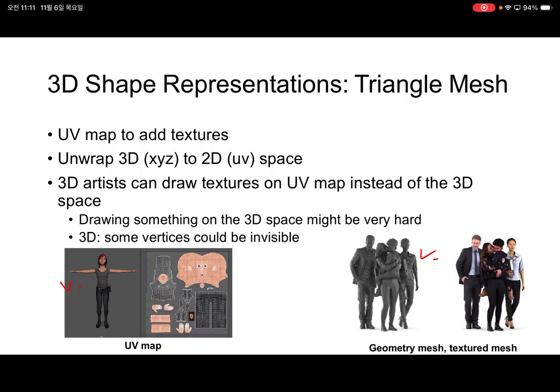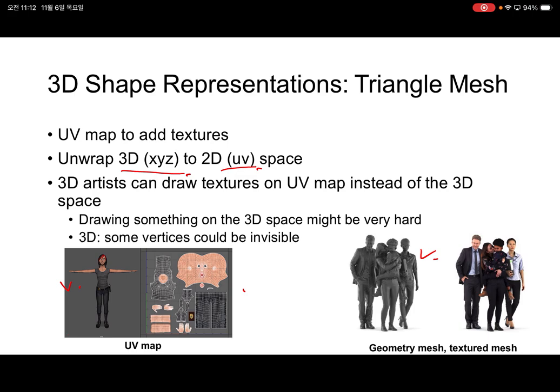So people invented a smart way to draw something on a triangle mesh. That is the UV map. UV is similar to XY. We have 3D XYZ, and then we can just unwrap the full 3D triangle surface to 2D space. So that is the UV map.